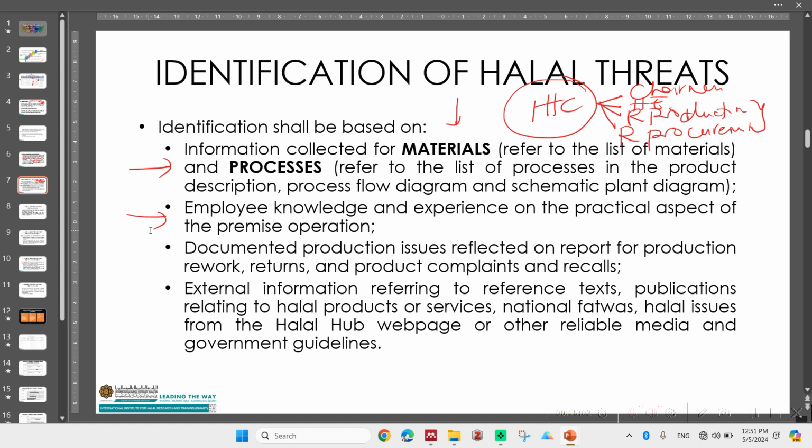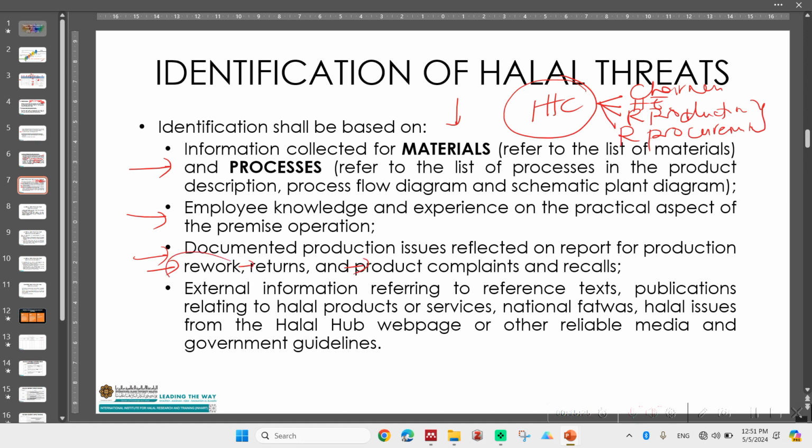Besides that, there are also documents we can refer to in order to identify the potential contaminants in the processes and in material. One of them is documents on reworking, returns, product complaints and recall.